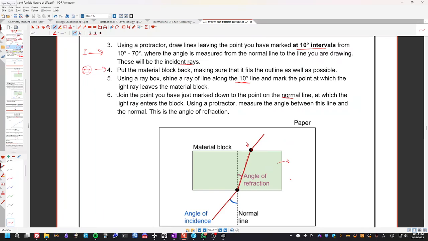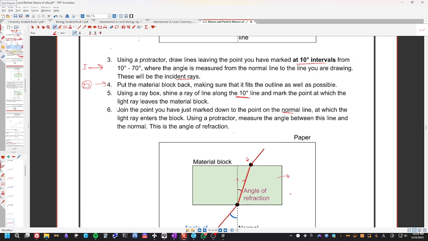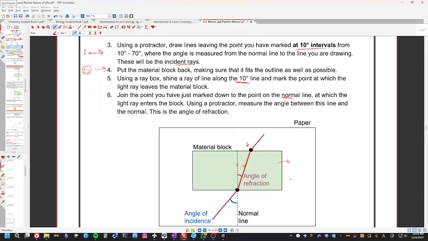So now, using the protractor, measure the angle between the line that you just drew and the normal. This is going to be the angle of refraction. So measuring the angle of refraction, which is sine r, is involved in 2 steps.